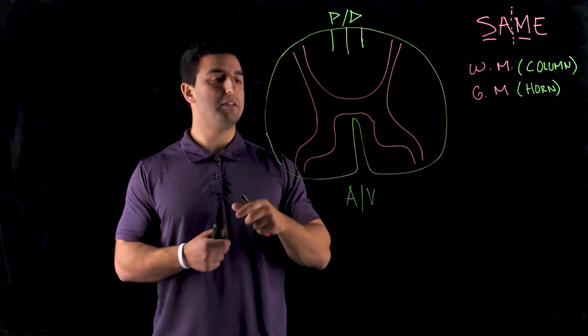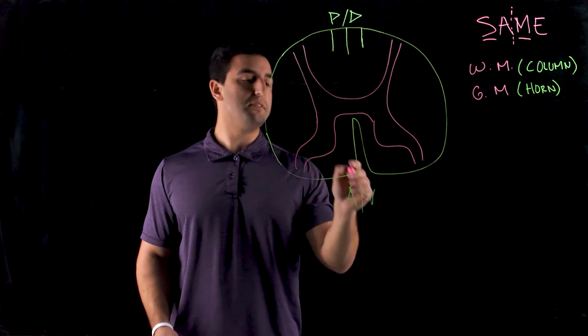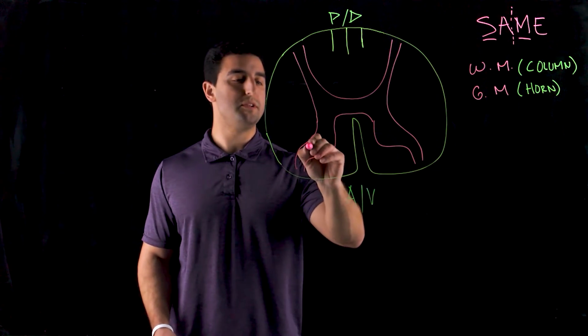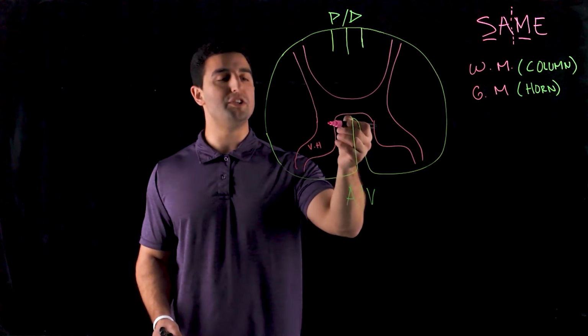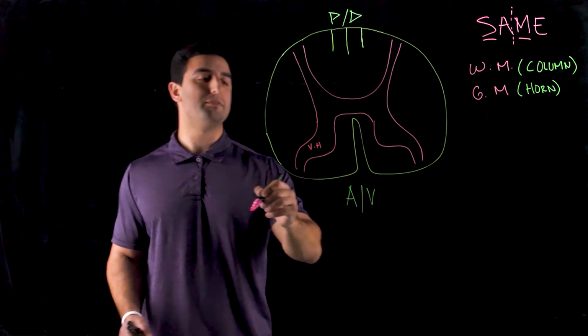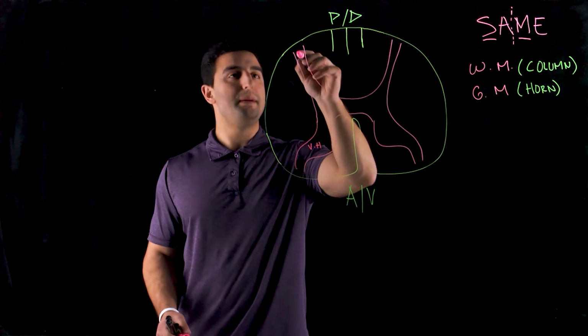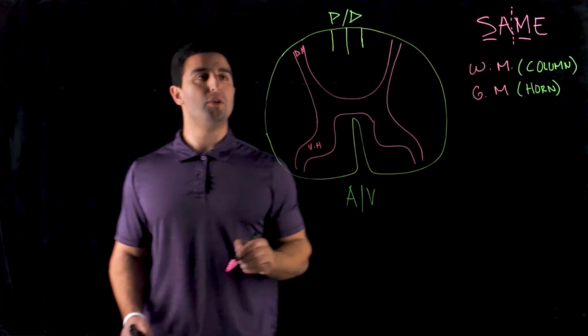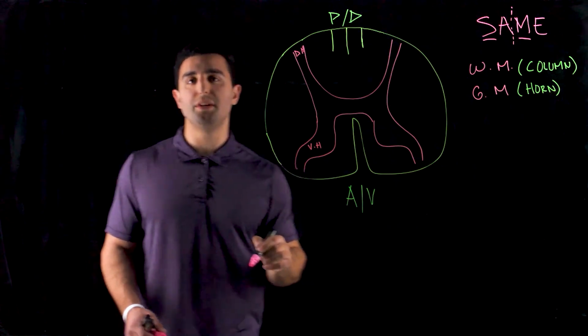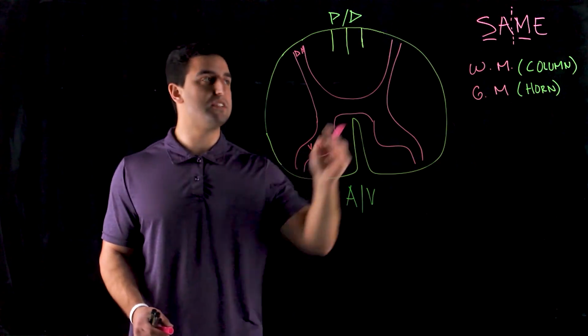This region in the front is called the ventral horn. This region is releasing all of the motor information. In the back, this is called the dorsal horn. The dorsal horn receives all the information from the sensory nervous system, so the sensory neurons.